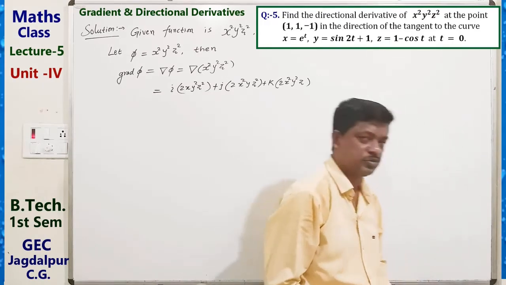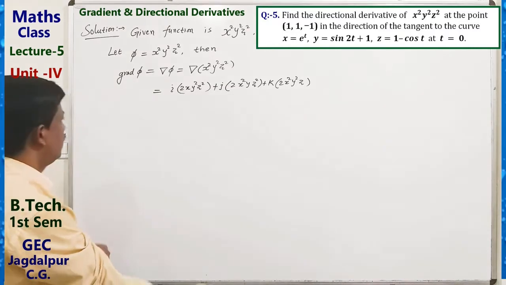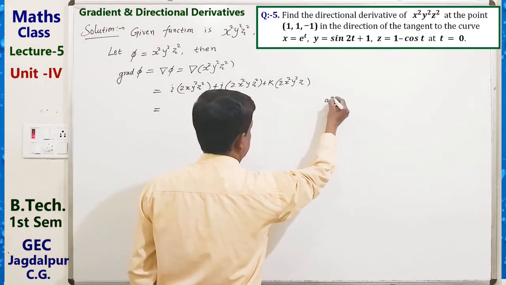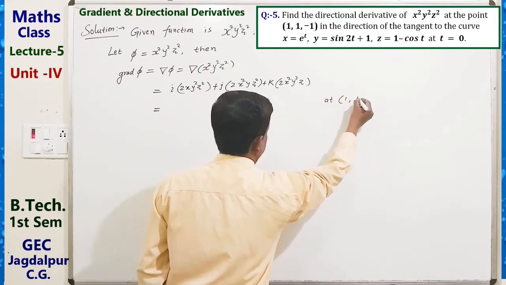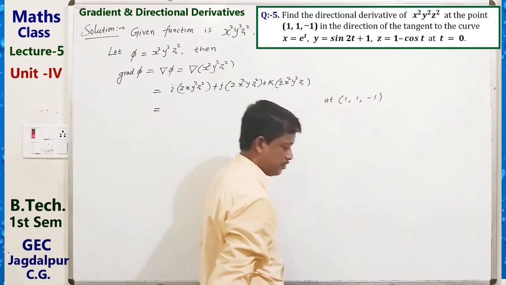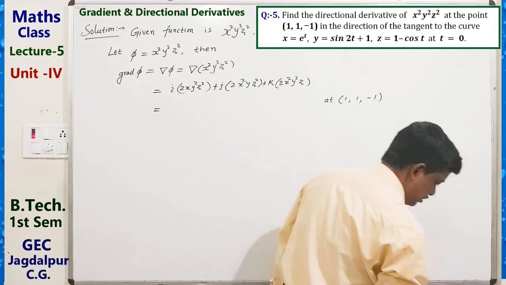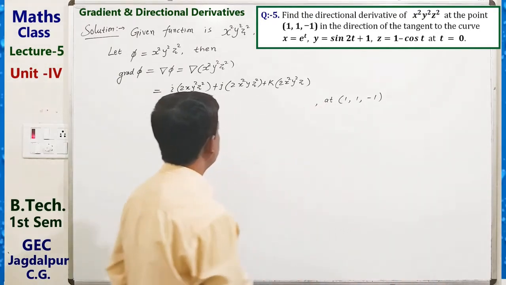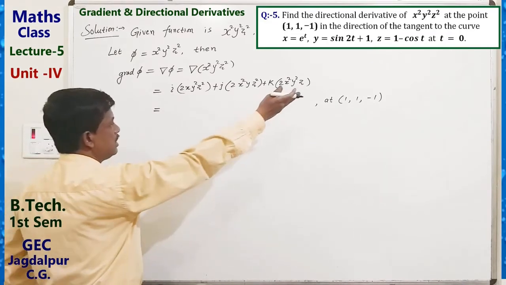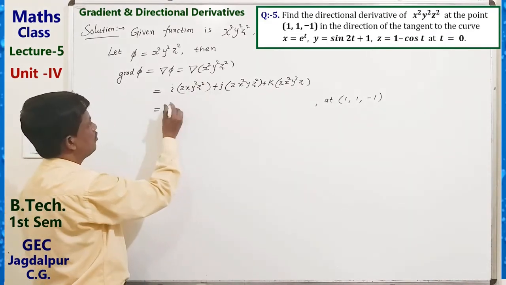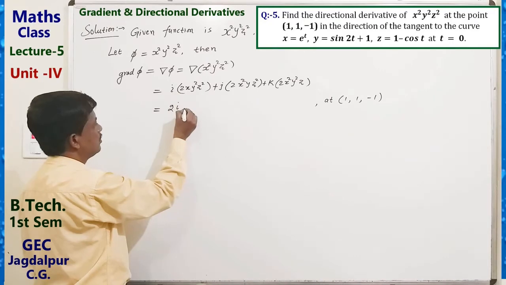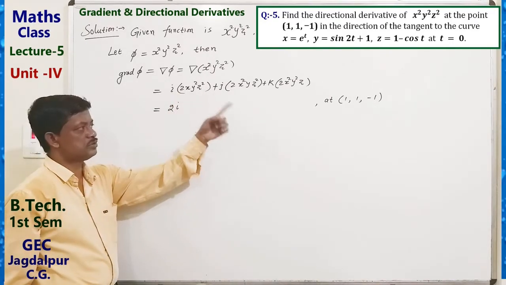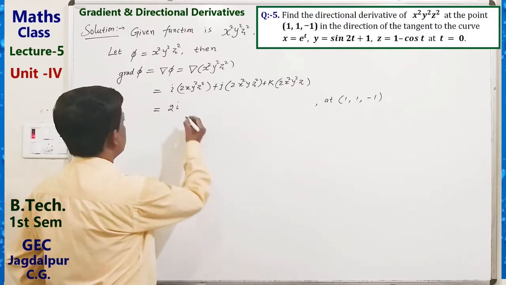And at the point 1, 1, minus 1. So at this value, z equals to minus 1, all are 1, so 2i, because 1, 1, 1 all are 1, z equals to square, so 1, so 2i.